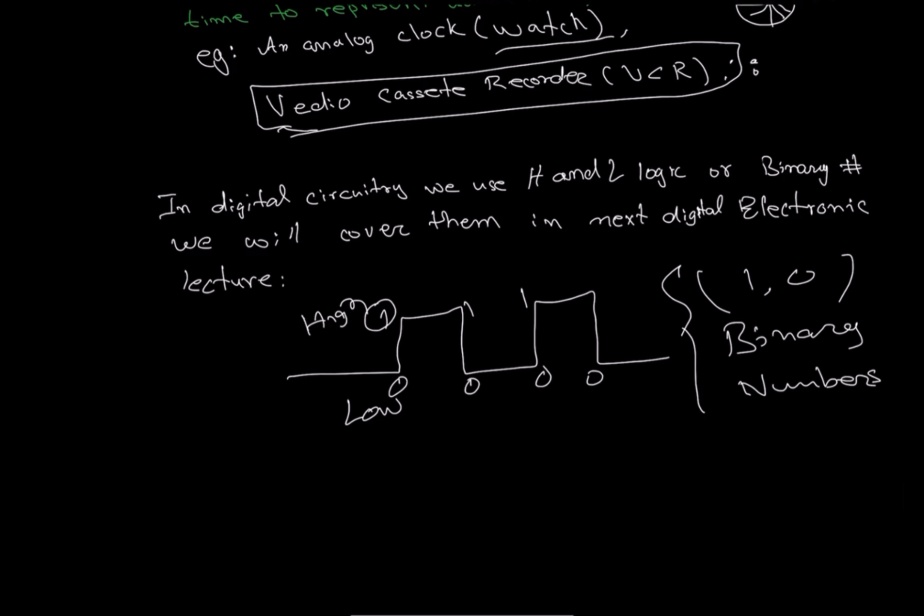We'll be talking about binary systems and binary numbers, and then octal numbers, which is base 8; binary is base 2, hexadecimal is base 16, and decimal is base 10. We'll talk about these, and after that we will be talking about logic gates, and probably TTL also, and ICs, integrated circuits.